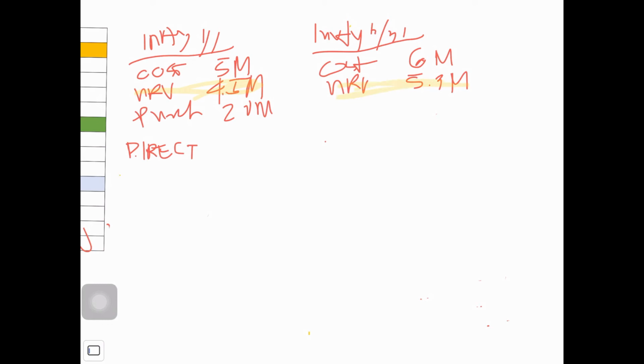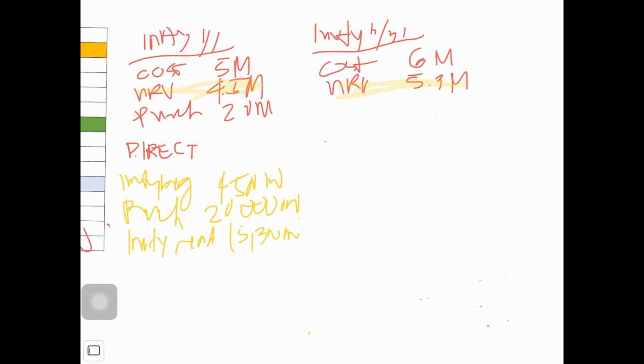The cost of sales is inventory beginning, which is 4,500,000, plus purchases of 20 million, less inventory ending of 5,300,000.